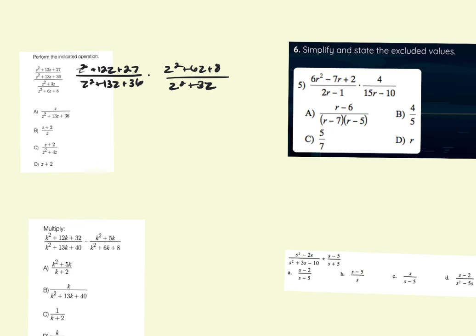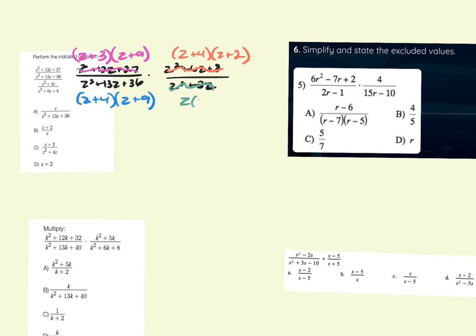And then factors. So that top one, factors of 27 that sum to 12 would be 3 and 9. Factor, and that's gone. Factor the bottom one, factors of 36 that sum to 13, 4 and 9. Top right, z plus 4, z plus 2.